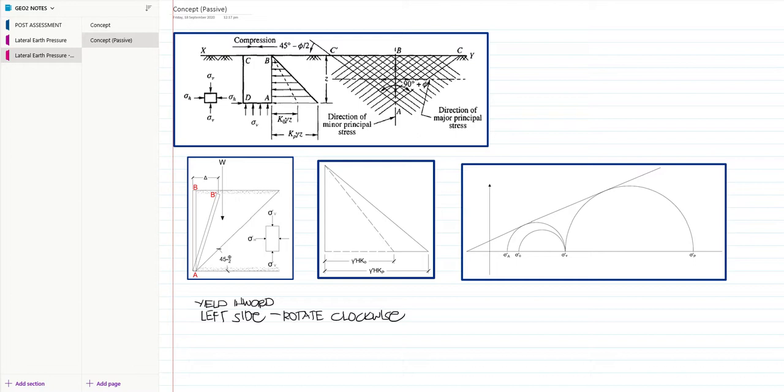So, as you can see, ito yung pressure diagram ni passive condition. Mula dito, it is much greater than the at-rest condition. Sa at-rest condition, ito lang.